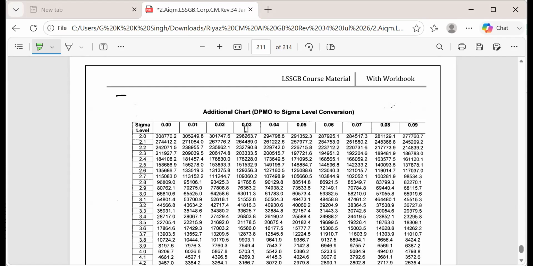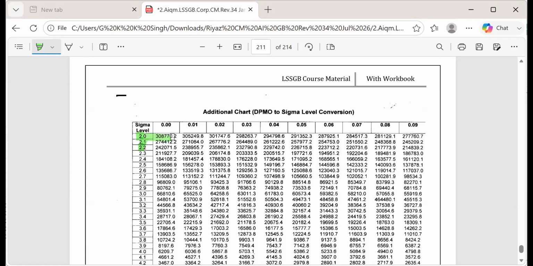So how do you do it? First column here is showing the sigma level up to 1 digit. Like this is 2.0, 2.1, 2.2 and so on. And the second digit is shown in the other columns. So let us say I want to see DPMO for sigma level 2.03. So what I will do is 2.0.